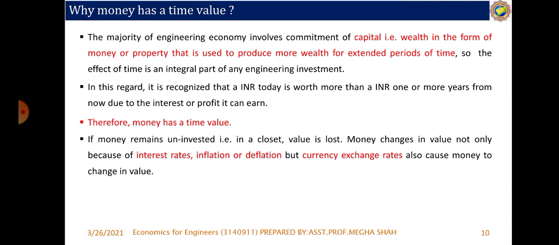Its current value is 1 lakh, but after 2 years its value is 1.25 lakhs. So the value either increases or decreases. That is the time value of that particular money.